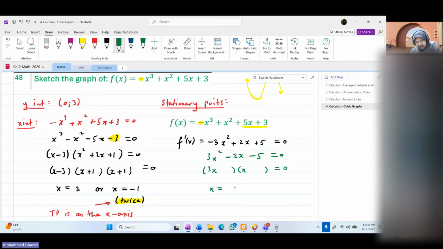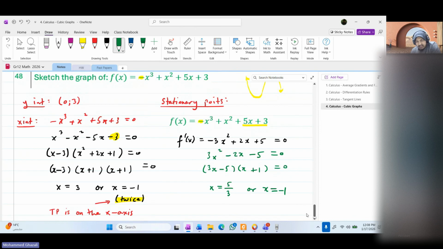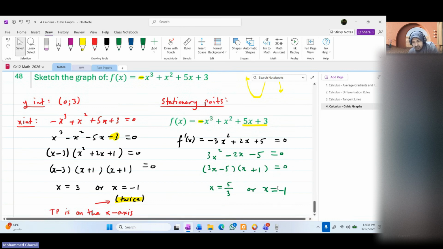I think you get 5 here and a plus 1 here. So x is 5 over 3 or x is equal to -1. So you can see -1 appears in the x-intercept and it also appears at the turning point.